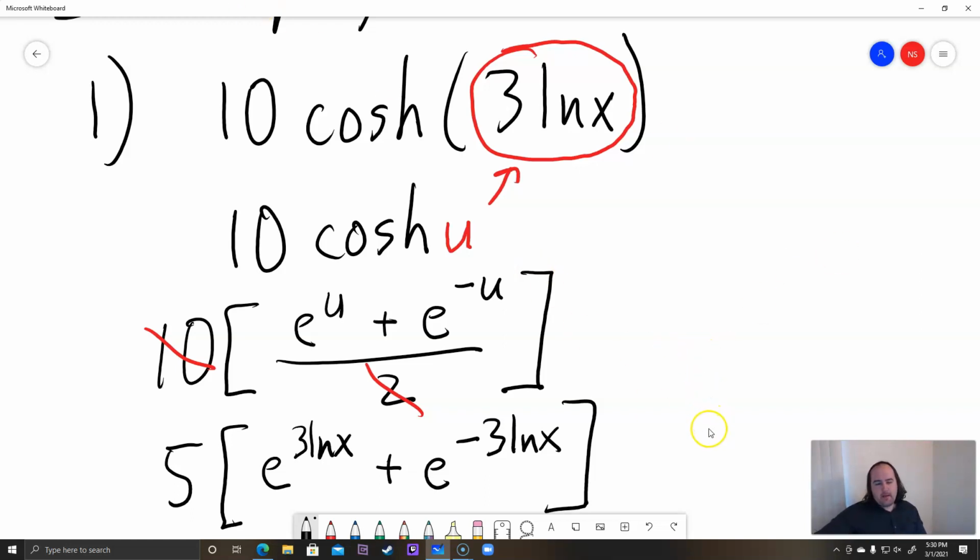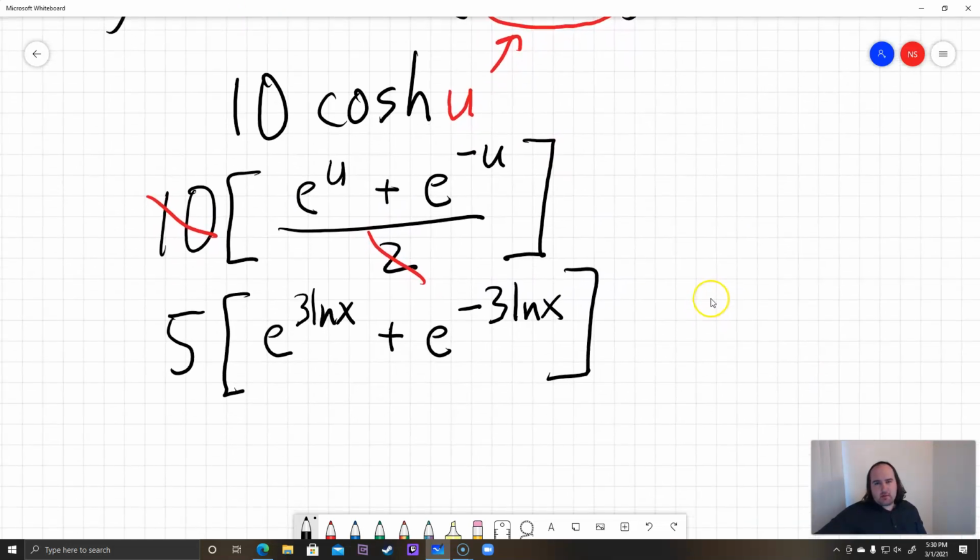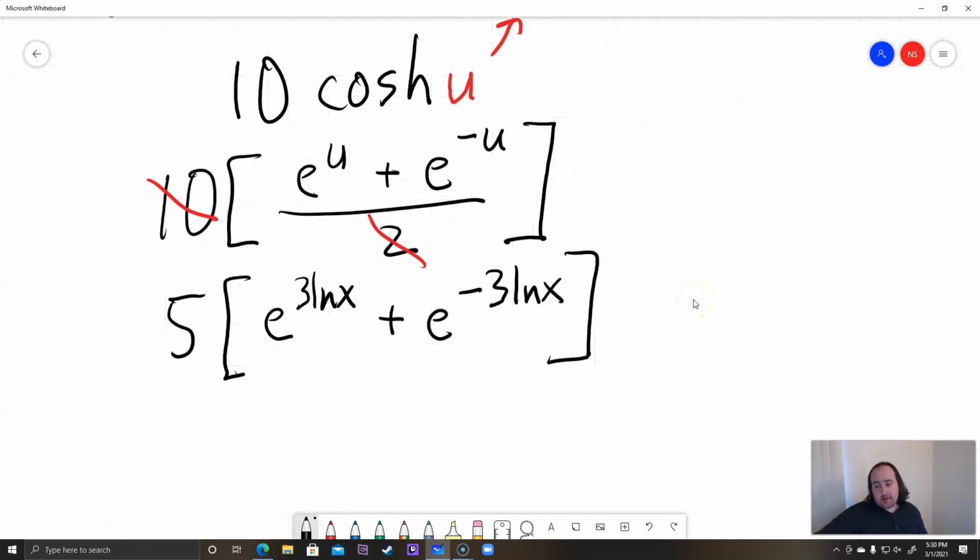Okay? And then here, you have to remember how to simplify exponential and logarithmic functions. So remember that e to the x and ln of x are inverse functions. And if you have the 3 and the negative 3, you can actually factor those exponents out to make it easier to simplify. So in other words, for this e to the 3 ln of x, I can bring the 3 out into the exponent.